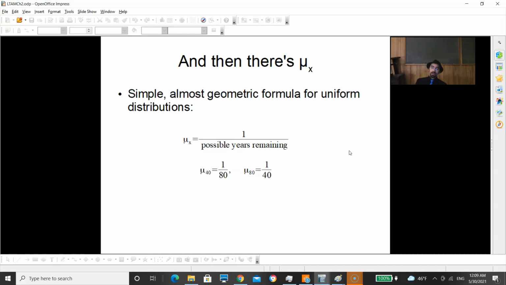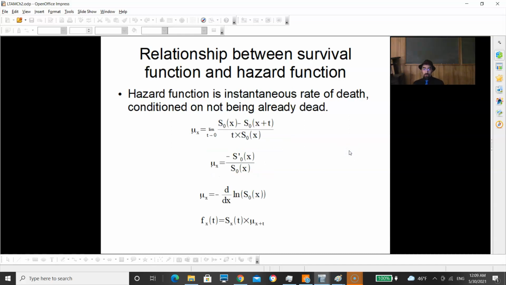Okay, what if we didn't have such a nice geometric way of doing it? Well, there's a relationship between the survival function and the hazard function, or the force of mortality. So the hazard function is the instantaneous rate of death, right, the probability density of imminent death, conditioned on not being already dead.